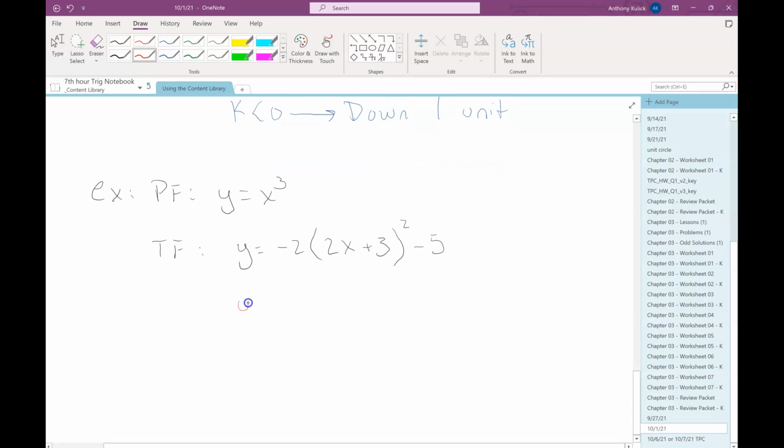So my general transformation, we said, was this, right? That's what we said at the beginning. But here, let's maybe make it a little easier to see. Instead of calling that y, we'll call it f of x. Here, my f is x cubed.